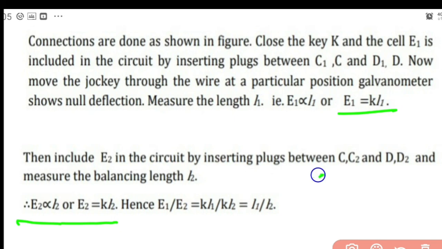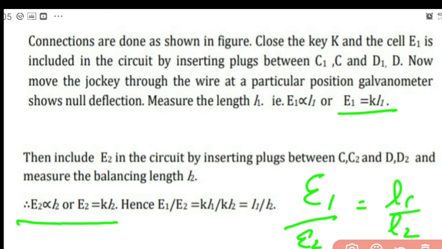So what we can write, epsilon 1 by epsilon 2 is equal to L1 by L2, because that K, the potential gradient, cancels out, and we get the ratio epsilon 1 by epsilon 2 is equal to L1 by L2. You can use either epsilon 1 and epsilon 2 or E1 and E2, that's up to you. So the ratio of EMFs we easily get as L1 by L2.